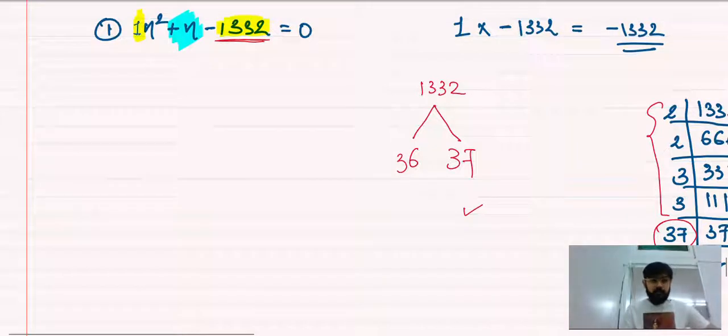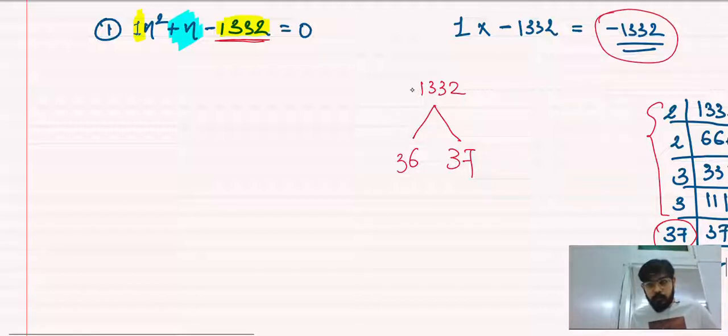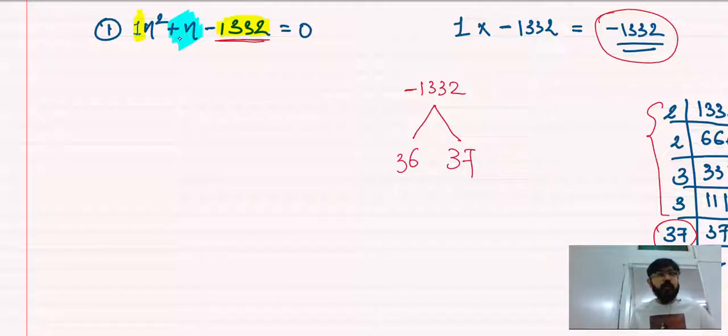36 and 37. So now bringing back the sign. What was the sign of 1332? It was minus. Put minus over here. Now see, the middle term has got a plus sign. The coefficient of n is plus 1. So if the coefficient of the middle term is positive, straight away, without thinking much, just give the bigger number plus sign.